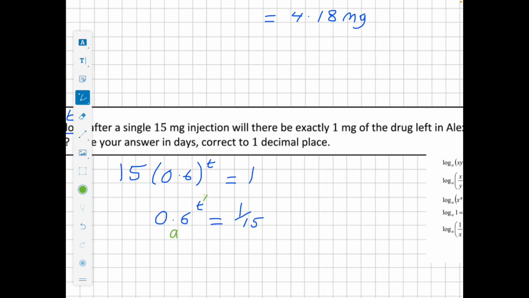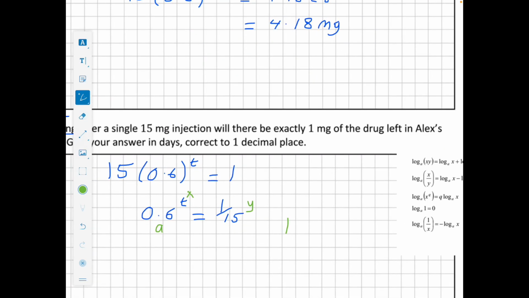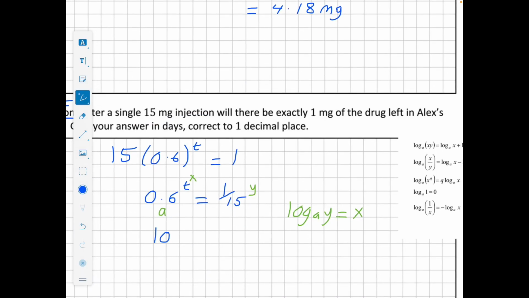Right now I have a to the power of x equals y. This is my a, this is my x, and this is my y. And we want to change it into log to base a of y is equal to x. So I'm going to rewrite this as log to base 0.6 of 1 over 15 is equal to t. Just pop that straight into my calculator.